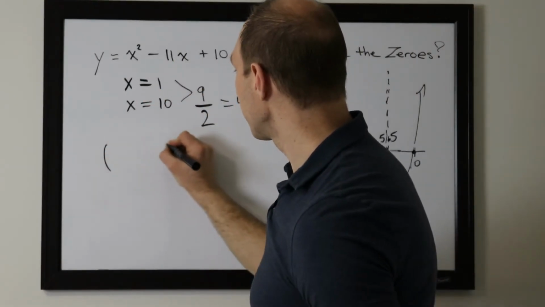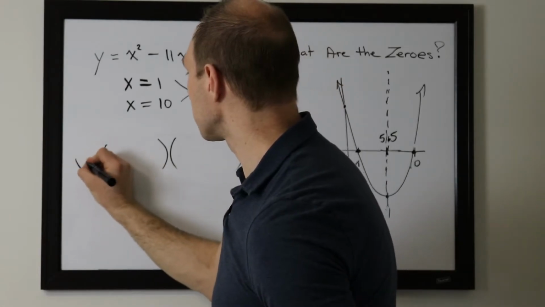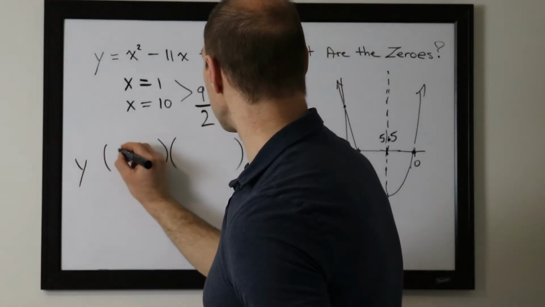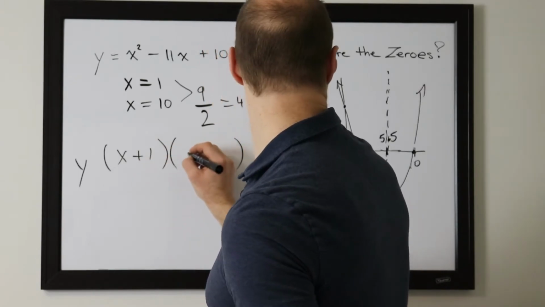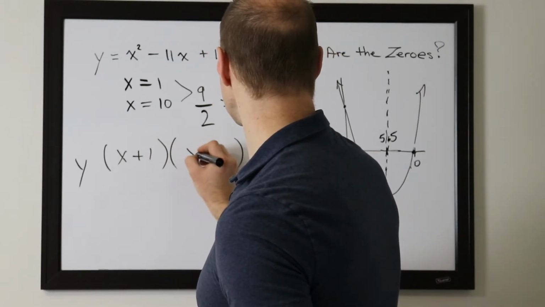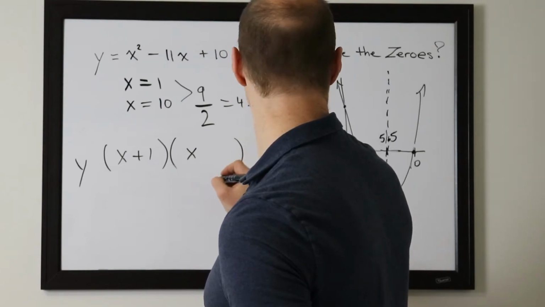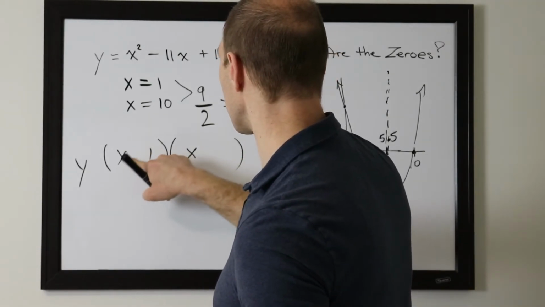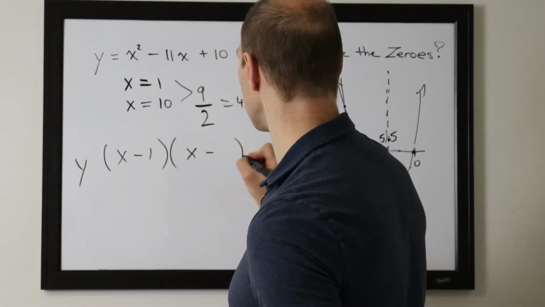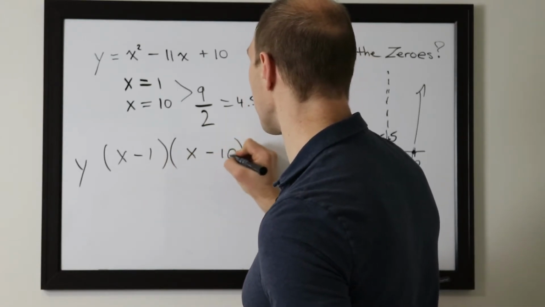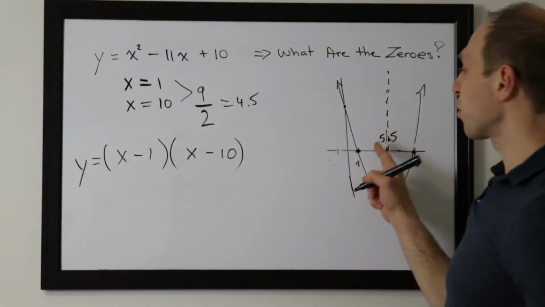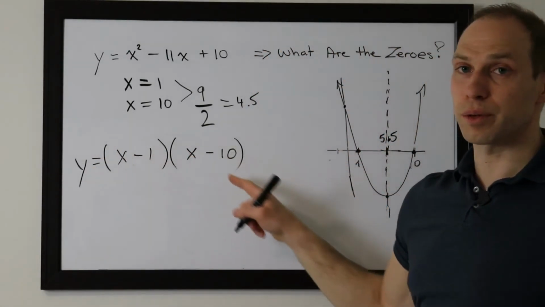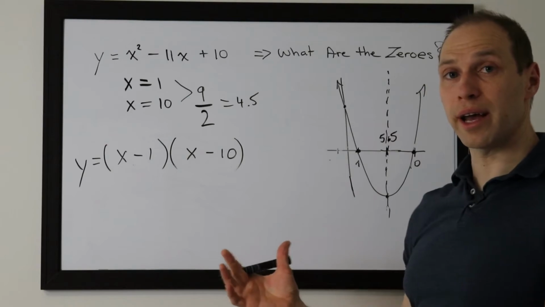We did have the same equation in its factored form, so it was x plus 1, and we had two negatives, x minus 1 and x minus 10. And so we can actually plug 5.5 into both of these. Okay, we're going to get the same answer.